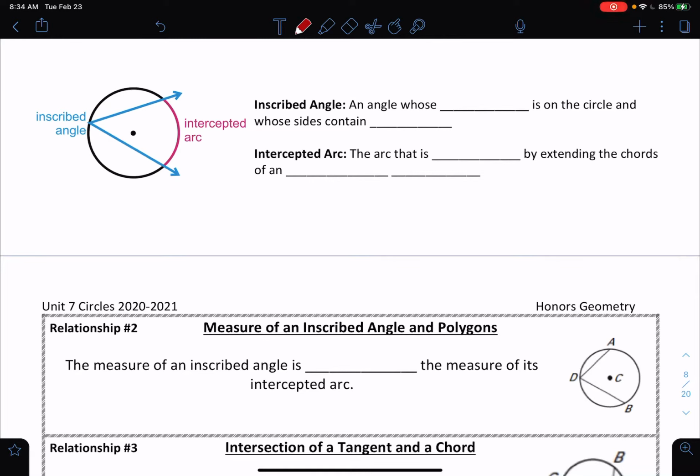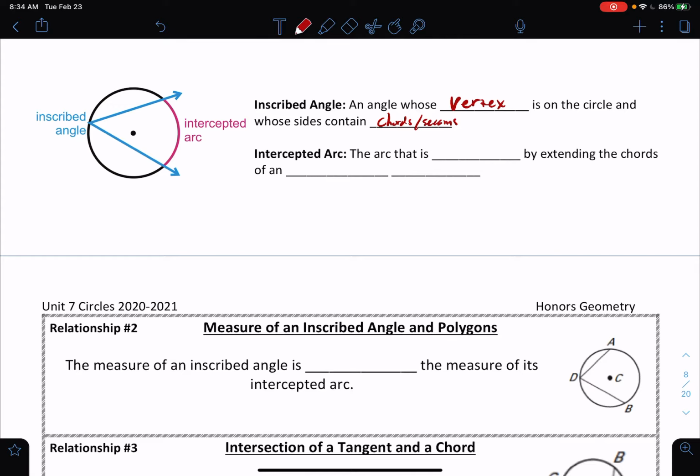So in this video, we're going to be talking about inscribed angles and intercepted arcs. An inscribed angle is an angle whose vertex is on the circle and whose sides contain chords or secants, depending on if you have a line or a segment.